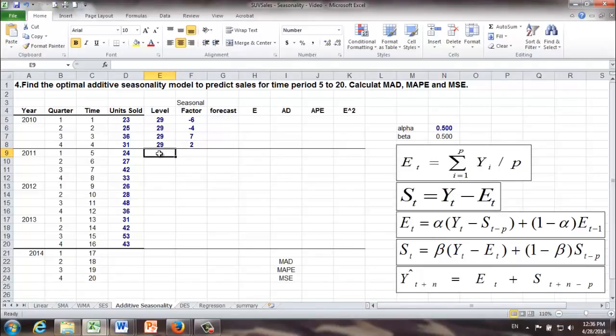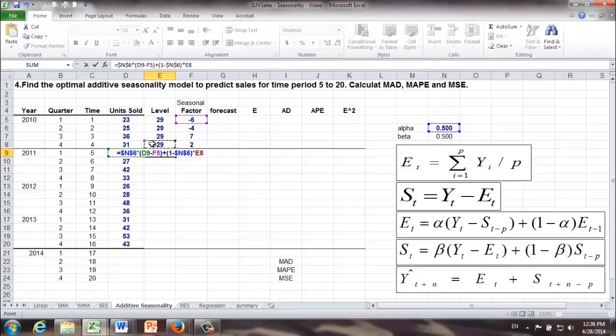So E5 is going to be equal to alpha, absolute cell reference, times Y5 minus S sub T minus P. And in this case, T minus P is what? 5 minus 4, which will be S1. Be careful. And plus 1 minus alpha, absolute cell reference, times the previous level, or E4.